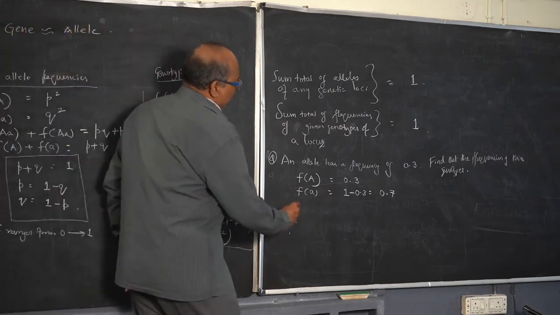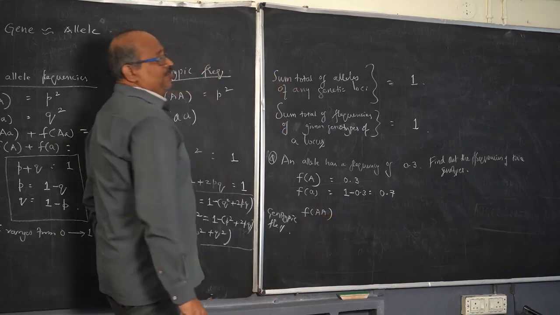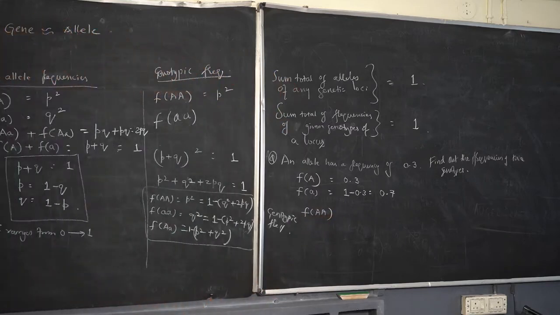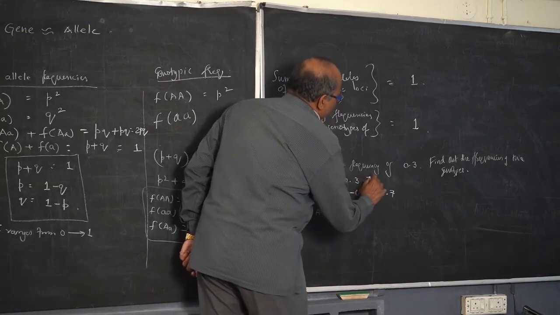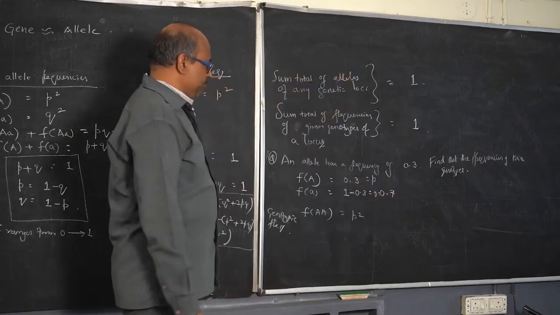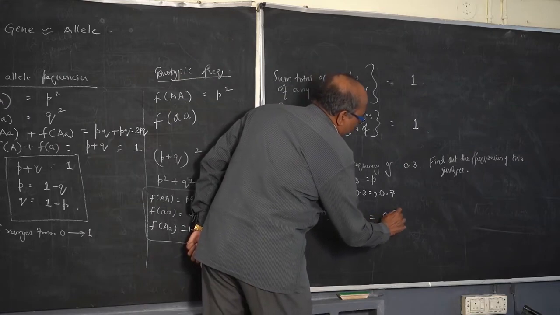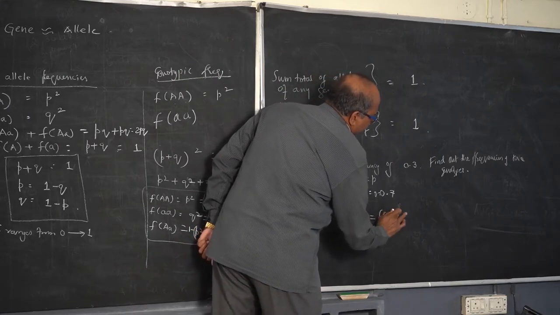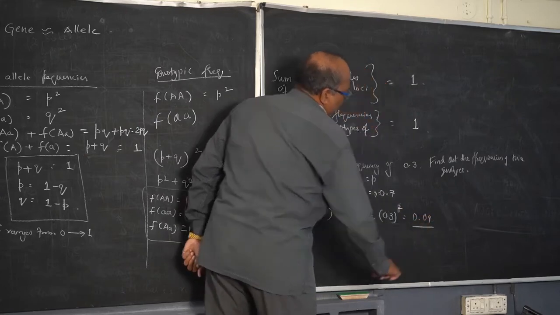Now we go for genotypic frequency. The frequency of homozygous genotype f of capital A capital A equals P square. P square equals 0.3 whole square, which is 0.09.